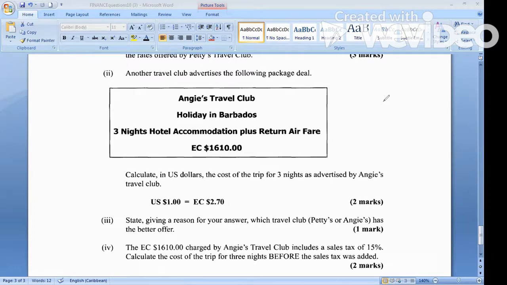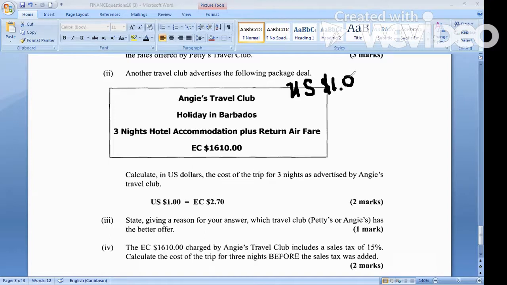So it says you're calculating US dollars for the cost of 3 nights as advertised by Angie's Travel Club. So you say US $1 equal to... Sir, what I have written down in my book is US $1. Hold on. Just tell me where you go. Don't tell me what you have.